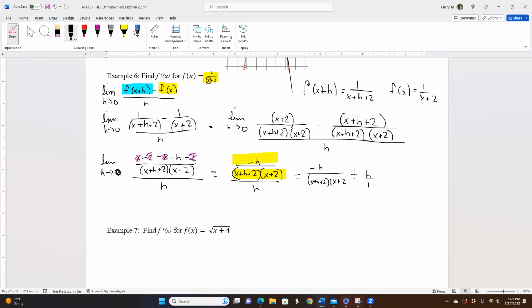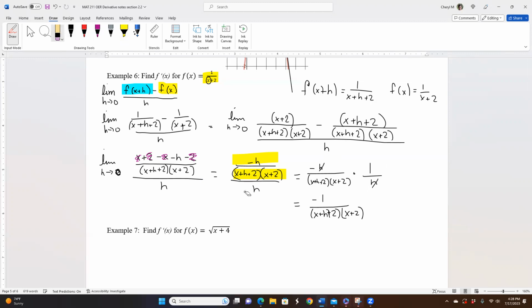So instead of dividing by h over 1, we write times 1 over h. This is good because then our h's cancel, and we're left with a negative 1 over x plus h plus 2 times x plus 2.